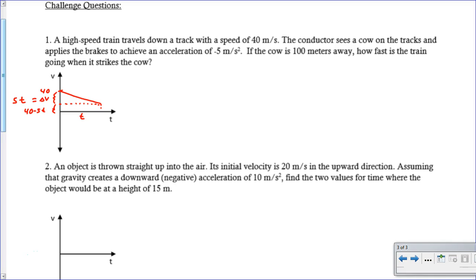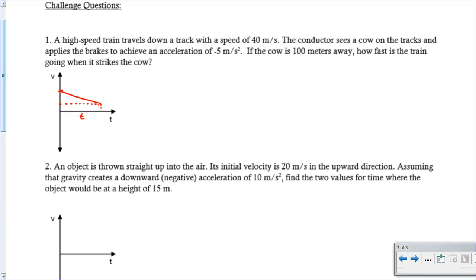So for some unknown amount of time, the train is moving forward. We're losing 5 meters per second of velocity for every second that it's going forward. So there's where the 5t is from the change in velocity, and then whatever's left is on the bottom there. Once we have this set up, I'm just going to clarify some things over here on the side.